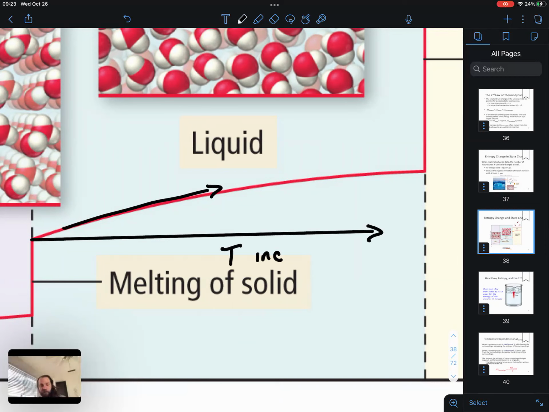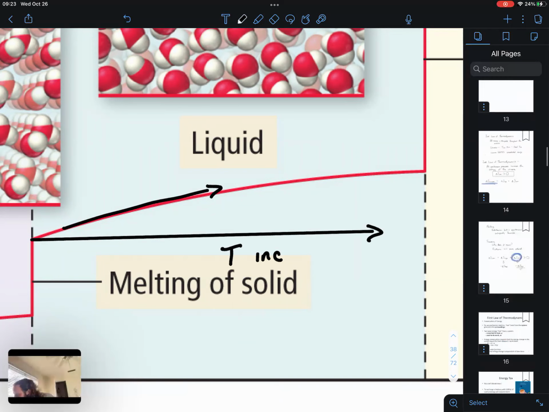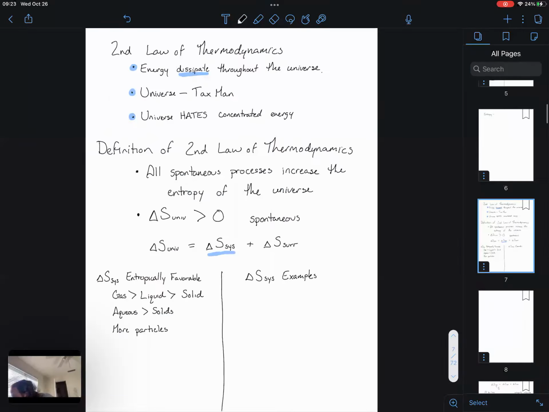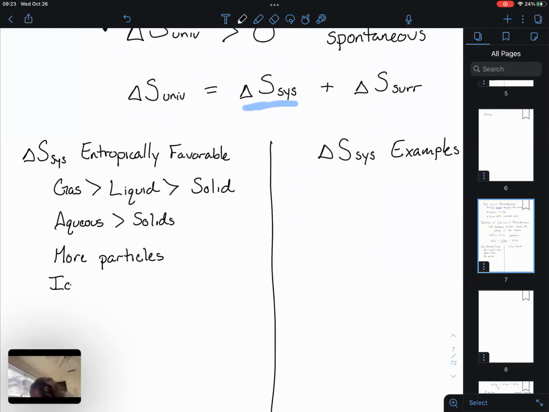Okay, so that's one of the things we're going to update our list with: if we increase temperature, it will increase the entropy of the system.